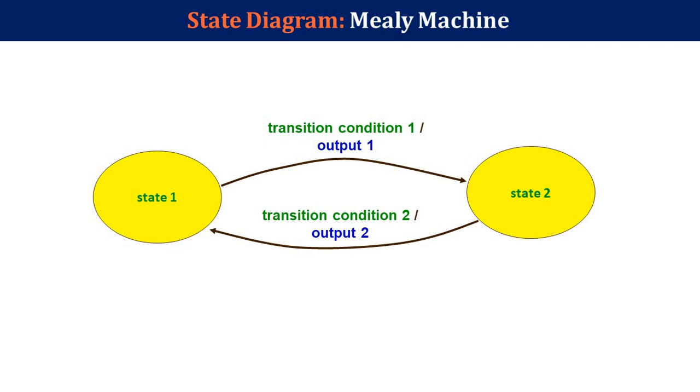Now there is a difference for the state diagram in the Mealy machine. Here the output is a function of the present state as well as the input.